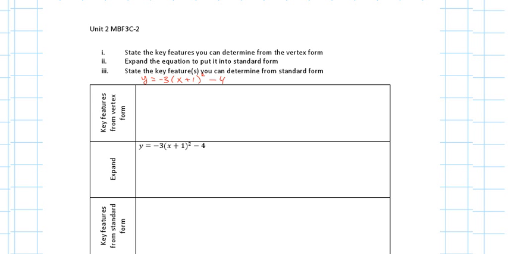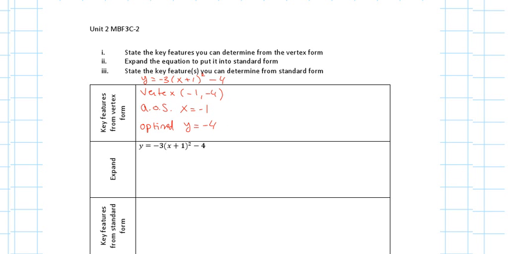Okay, so what's your vertex? Negative 1, negative 4. Axis of symmetry? x equals negative 1. Optimal value? y equals negative 4, and is it going to open up or down?